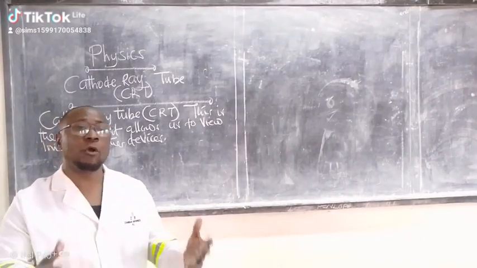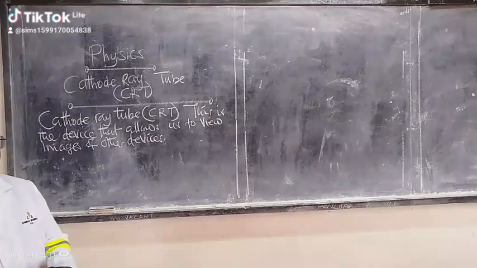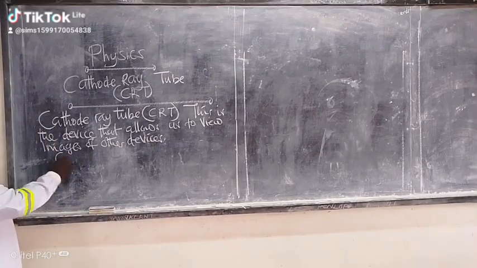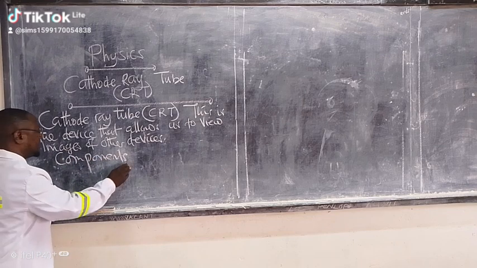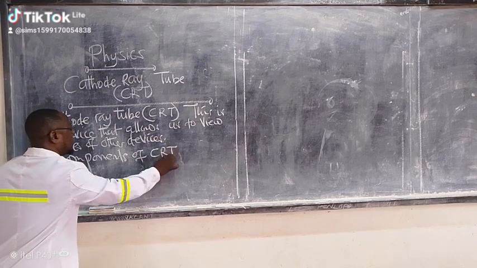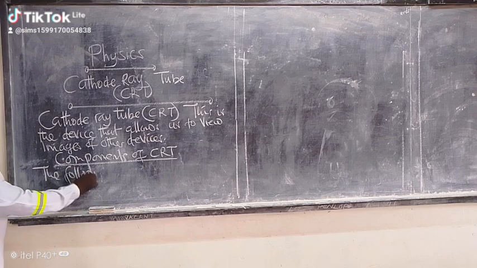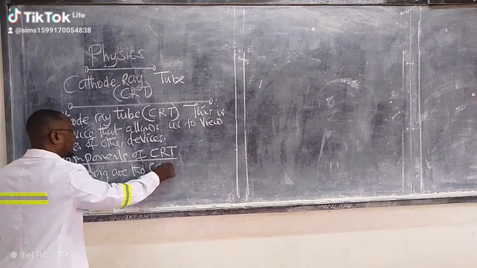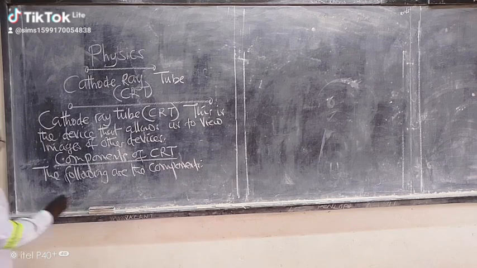Now, what are some of the components that make up the cathode ray tube? The following are the components. One, it contains the cathode.